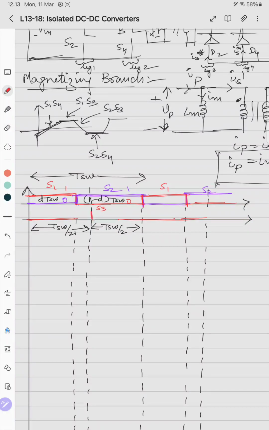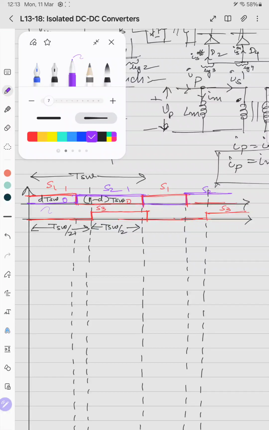So we have to delay from here. This is S3 and S4 is this.